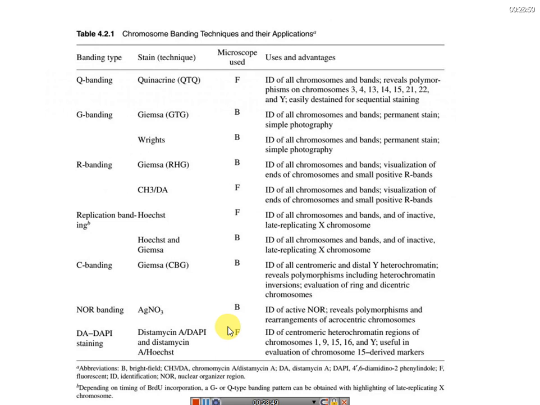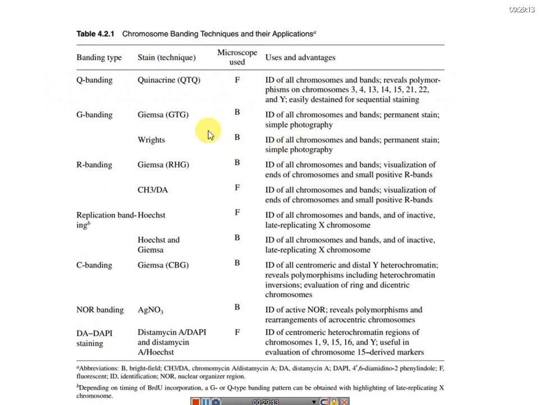So this table summarizes the uses and advantages. Mostly these are very simple staining procedures, very easy for photography. All these techniques can be used to identify all the chromosomes, right?